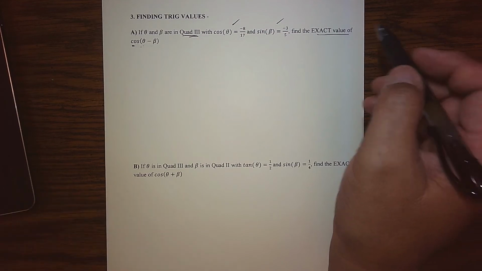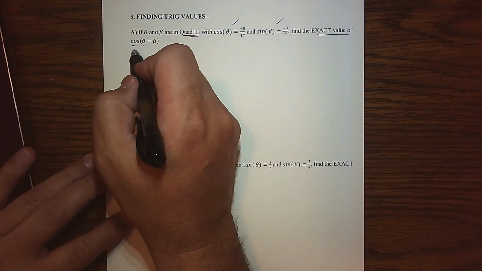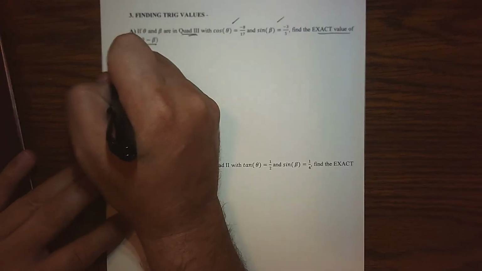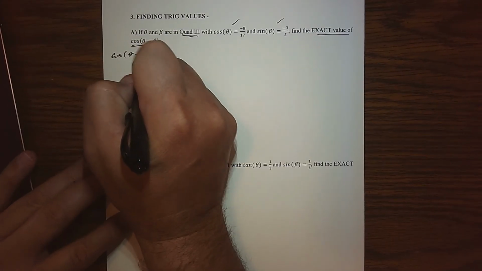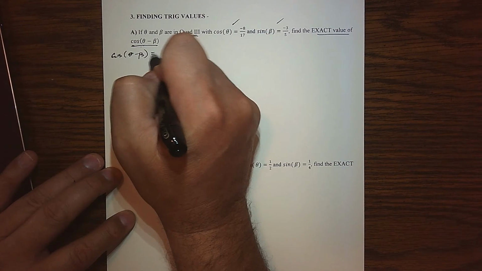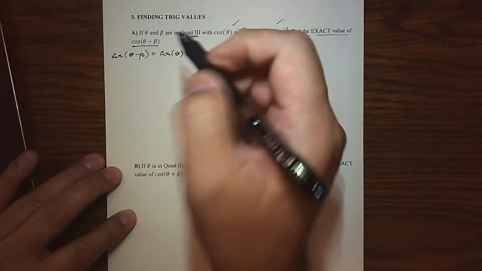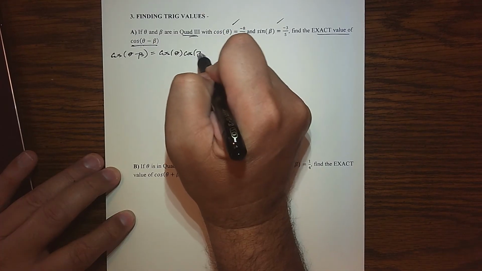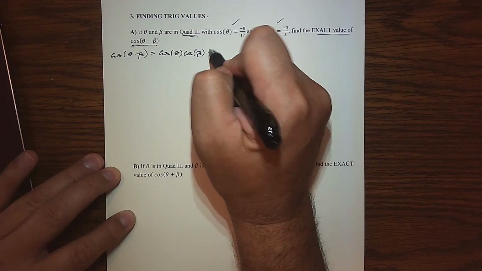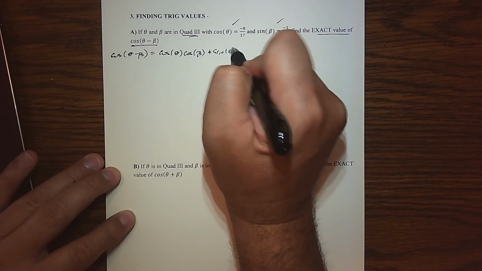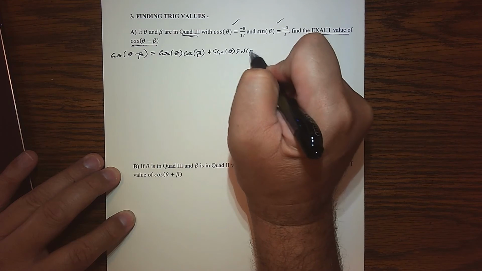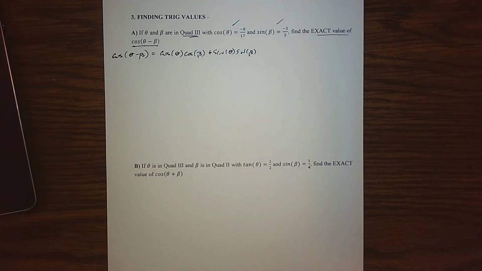All right, so we're kind of working in reverse. So using the identity, what do we know about the cosine of theta minus beta? Well, the identity says this is the cosine of theta times the cosine of beta plus the sine of theta times the sine of beta. All right, so that's what we have.